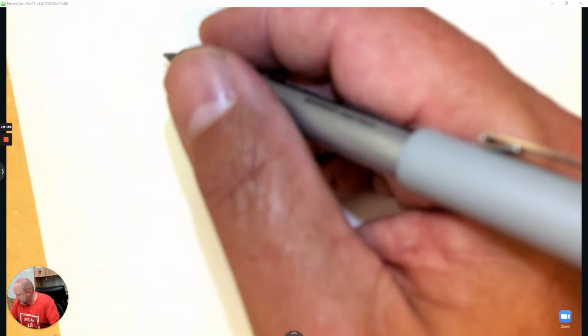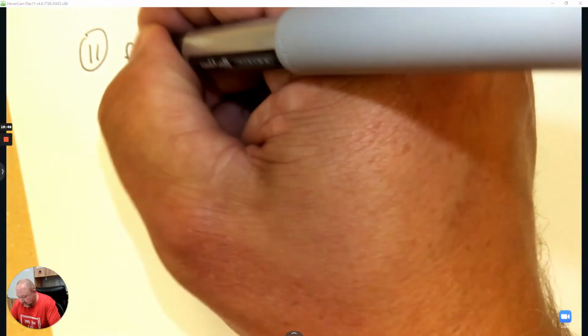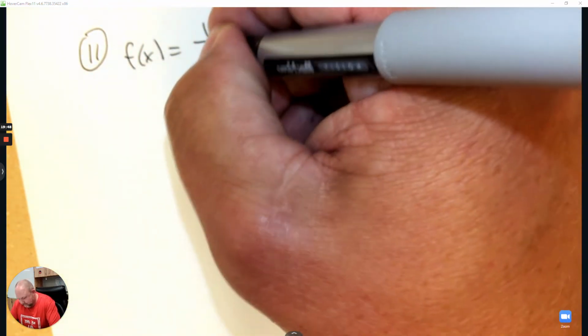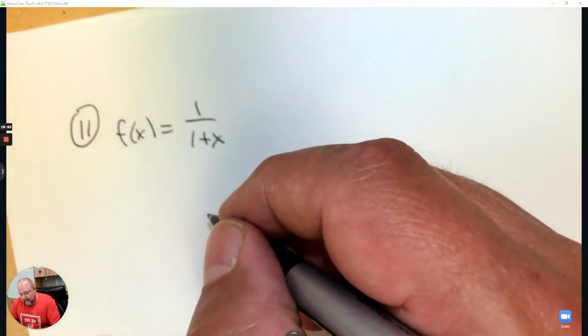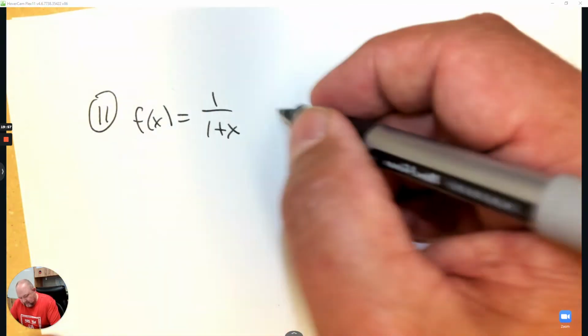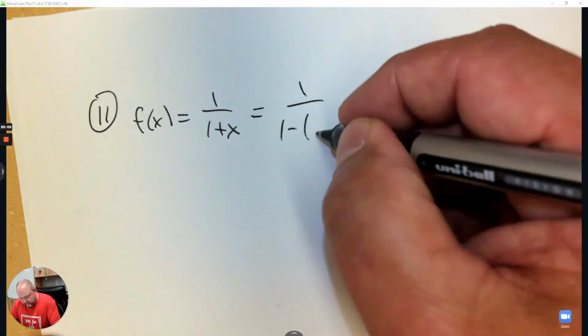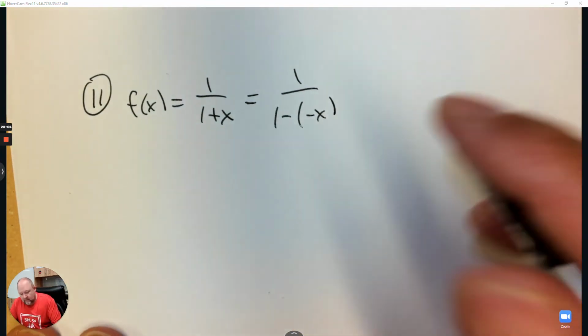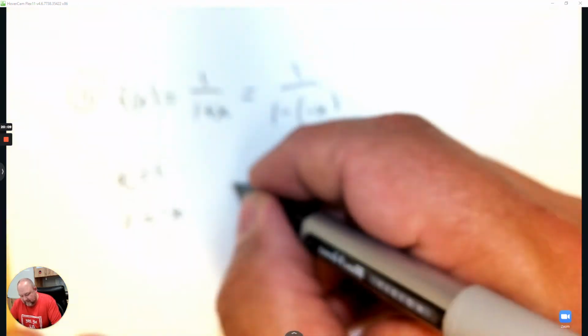Number 11. That was 11. That was 10. And 11 looks similar, because it is. Write a geometric series expansion for the same one. So to understand the series expansion, first of all, we're going to write it as this, where a1 is the first term and the common ratio is negative x.